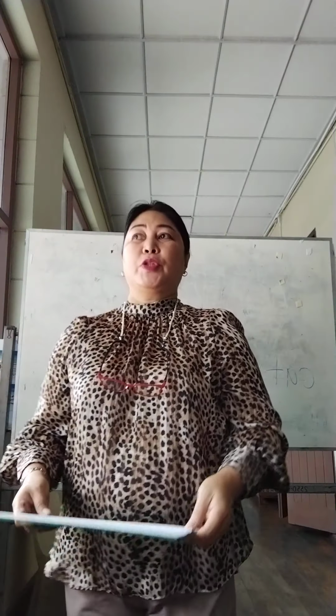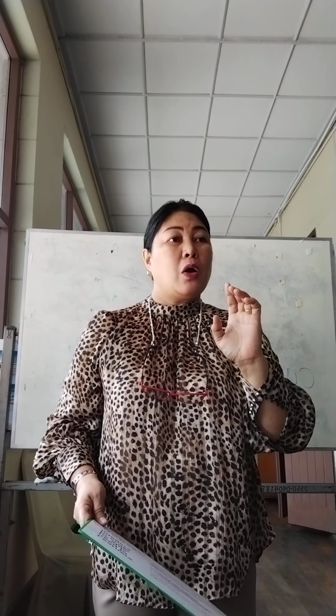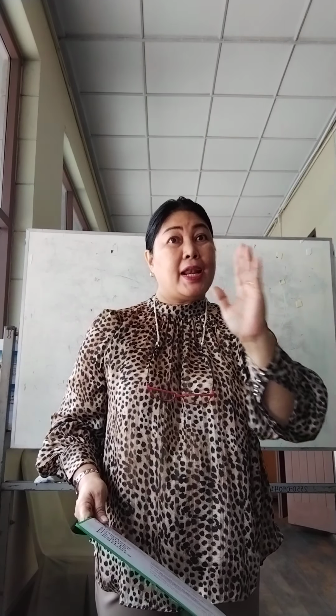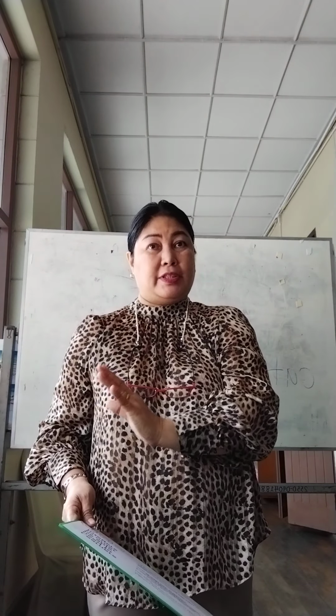So, you have to remember again what I tell you. Our objective here is to learn how to identify the lesser or the descending, from the smaller number to the greater number, and the greater number to the smaller number.